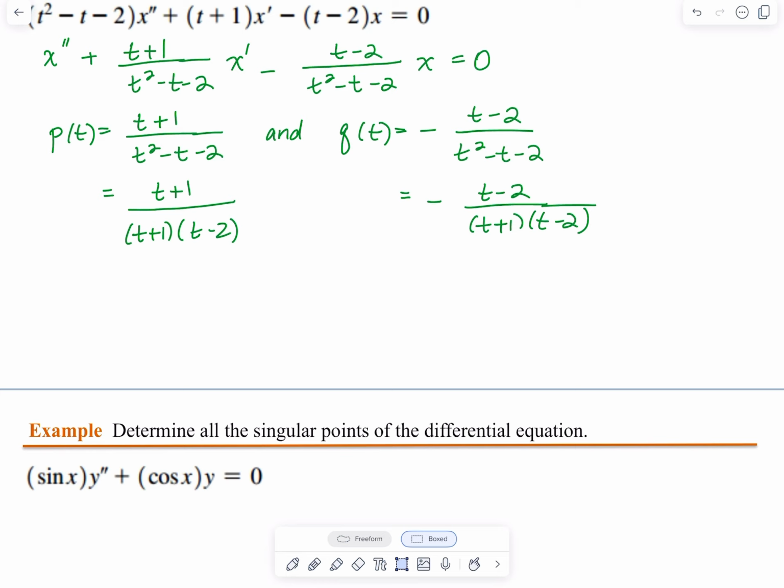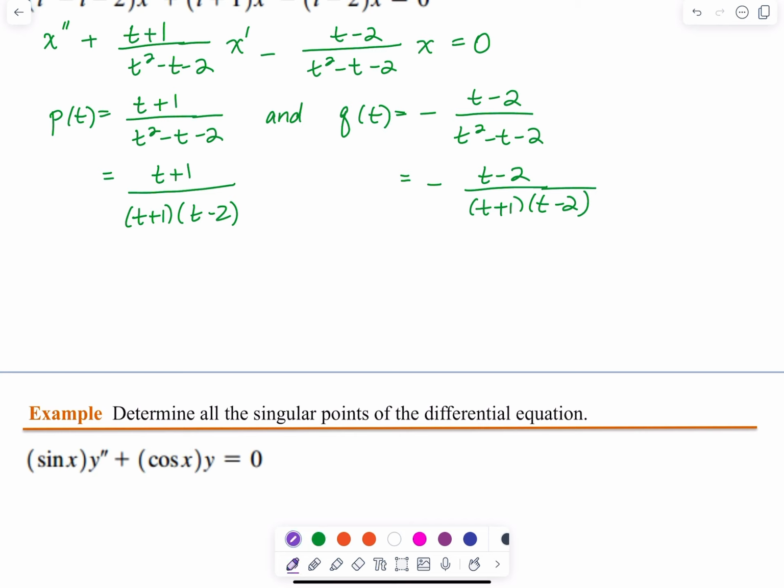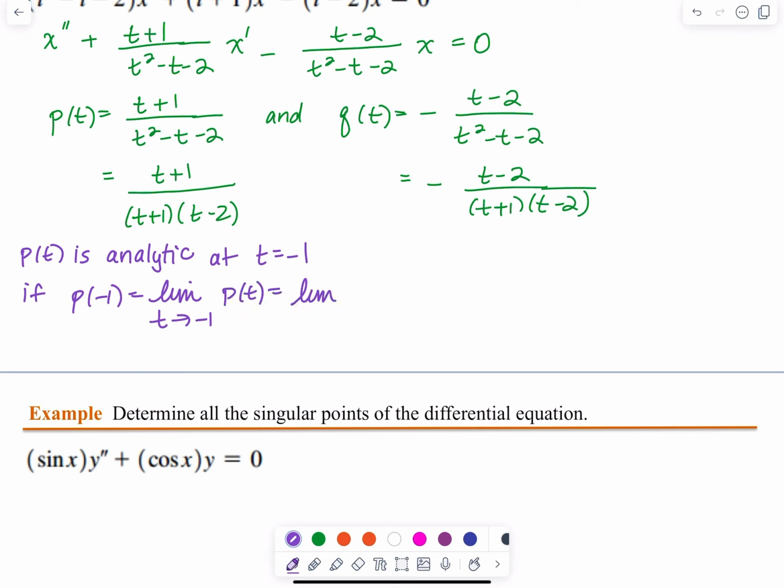So p of t is actually analytic at t equal to -1 if we set p of -1 equal to the limit as t approaches -1 of p of t, and that's going to be the limit as t approaches -1 of 1 divided by t minus 2, which is equal to 1/3.